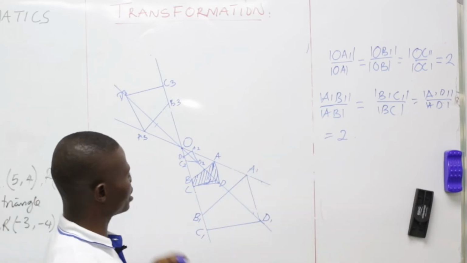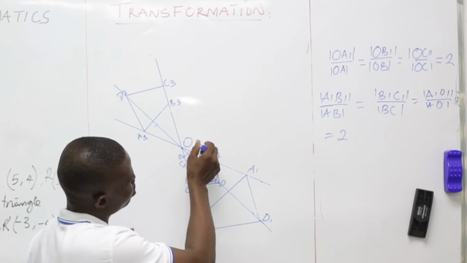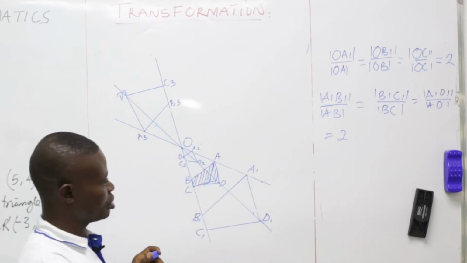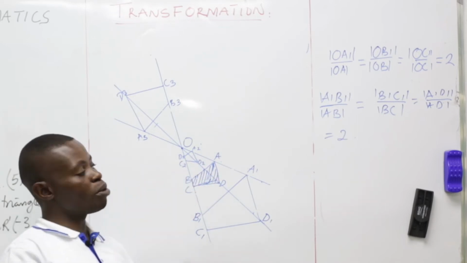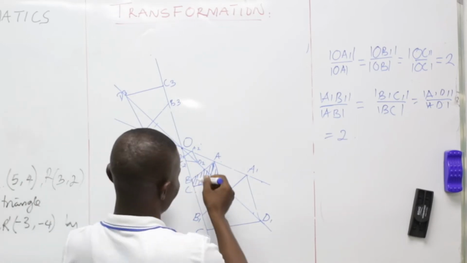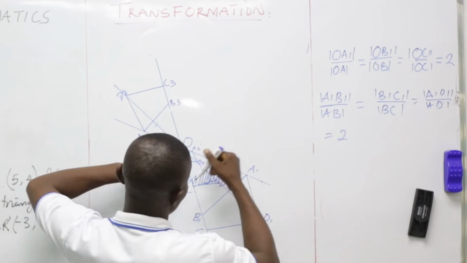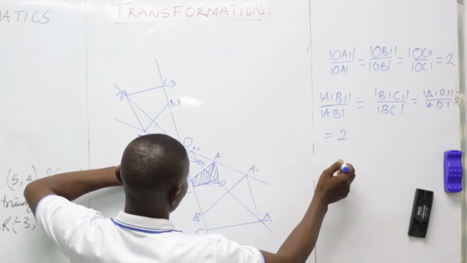Now we want to consider this A2 against A. You can see that the image is half of the object, meaning let's consider it the same way we did from the other one.